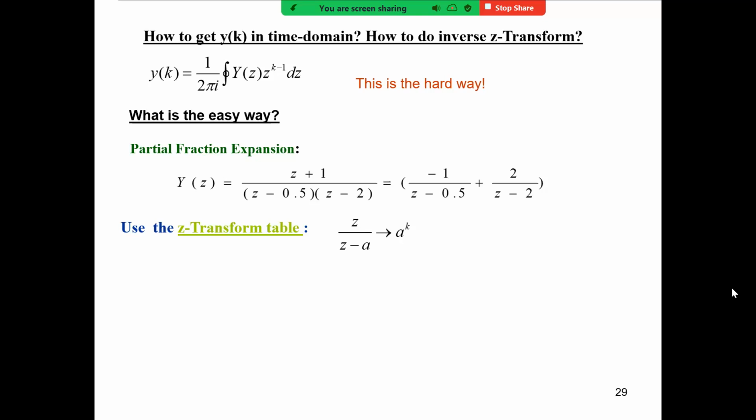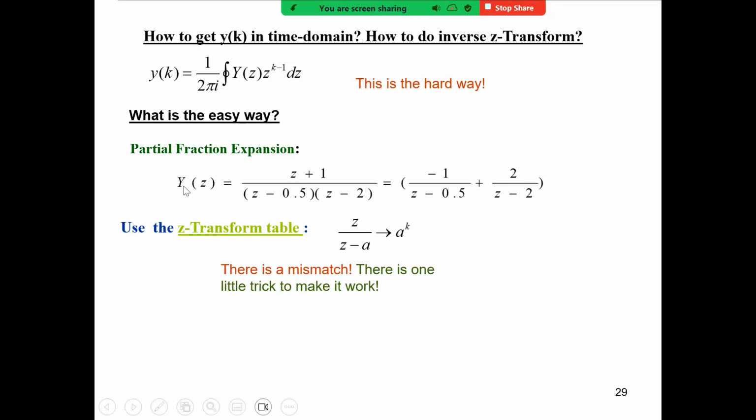What's the direct way? Any idea? Is that difficult? A little trick: I want to force a Z here, right?